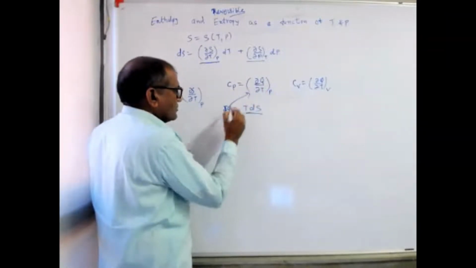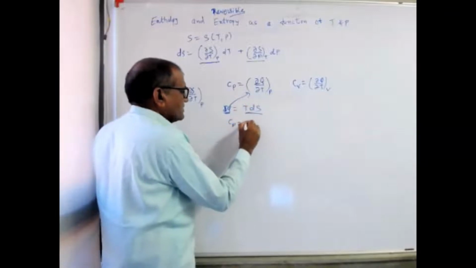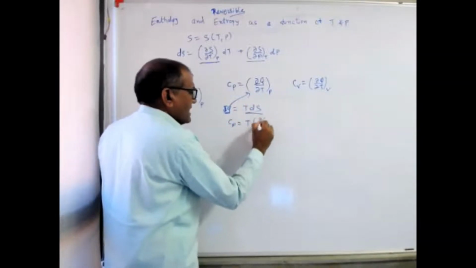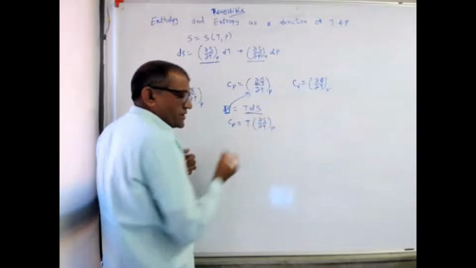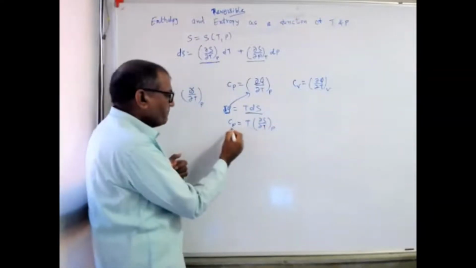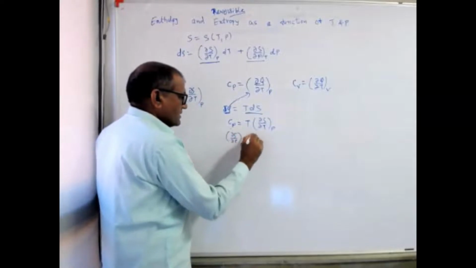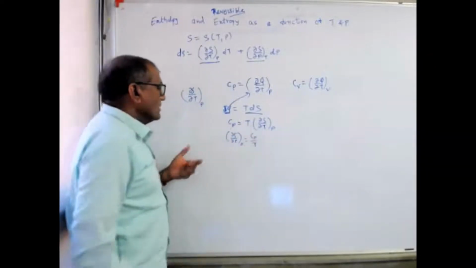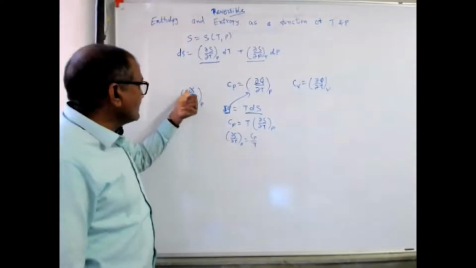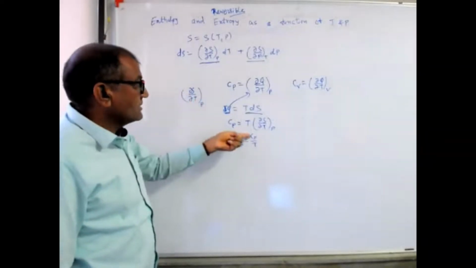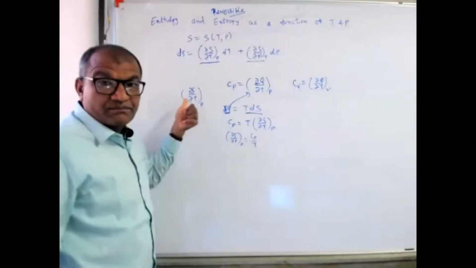So ultimately this equation will become Cp equals T del S by del T at constant pressure, that is, del S by del T at constant pressure equals Cp by T. So we have derived del S by del T at constant pressure, that is Cp by T. Okay, that is the one thing.